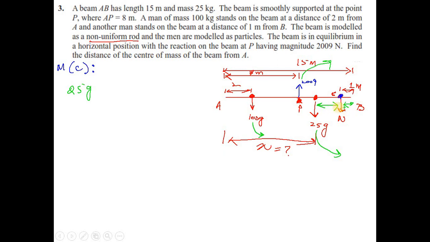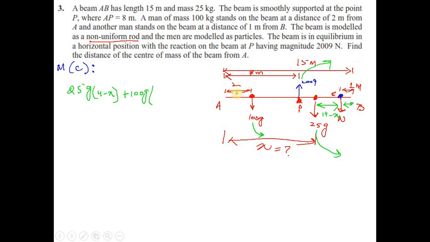So that distance would be equal to 14 minus X. So 25g times 14 minus X plus 100g times the distance from 100 till pivot.